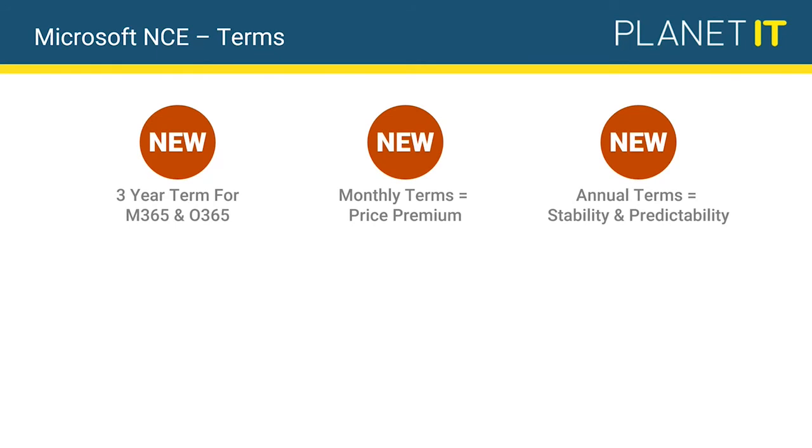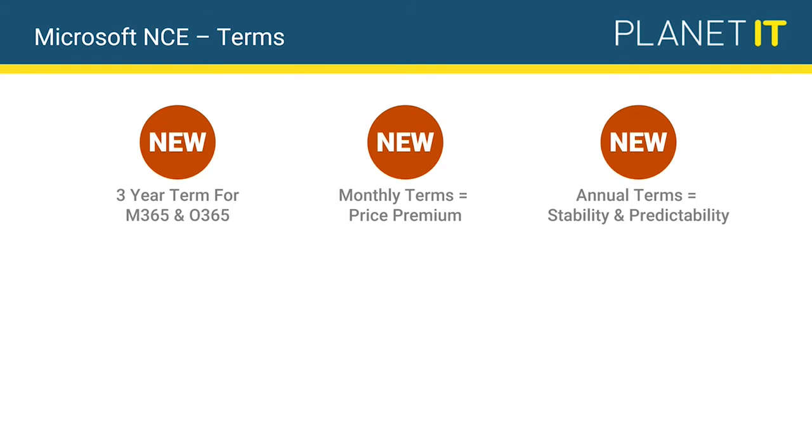So the first thing is you will now be able to purchase up to 3-year terms for any Microsoft 365 or Office 365 product. So not only will you be able to go through CSP and buy it monthly, but you'll also be able to buy it on a 1-year, a 2-year, or a 3-year term.